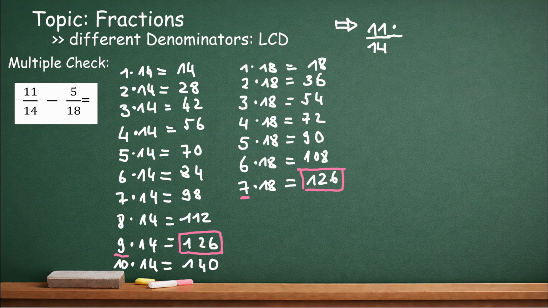This one we have to multiply with 9 because we need 9 times 14 to get 126, and then we have 5 times 7 and 18 times 7 to get 126.